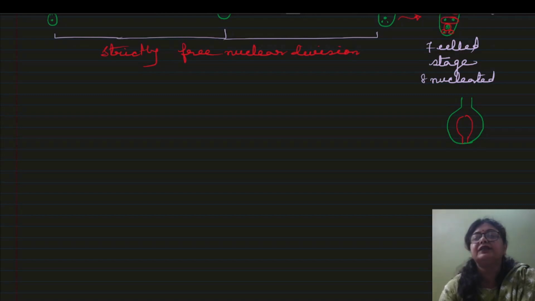Inside this ovule there is the embryo sac.